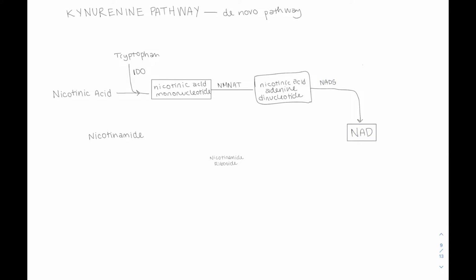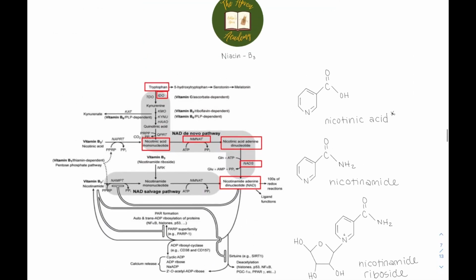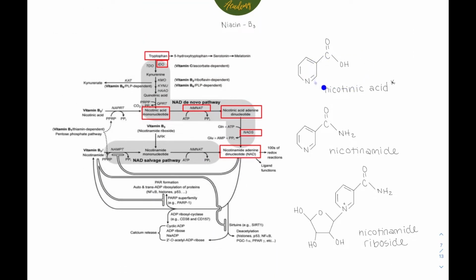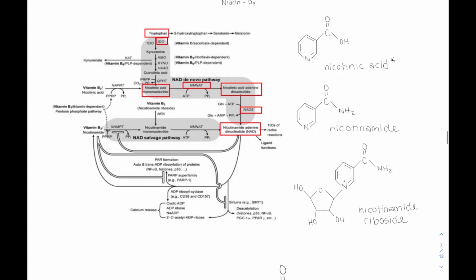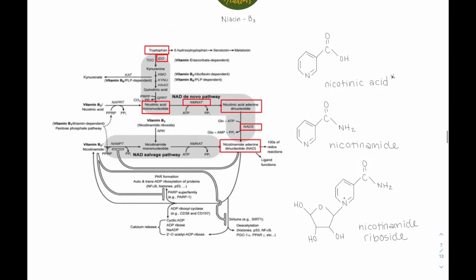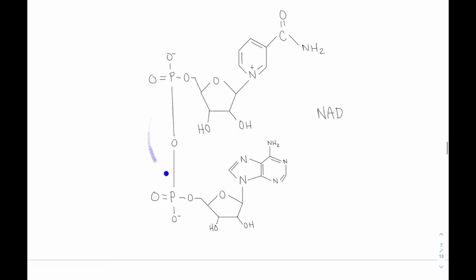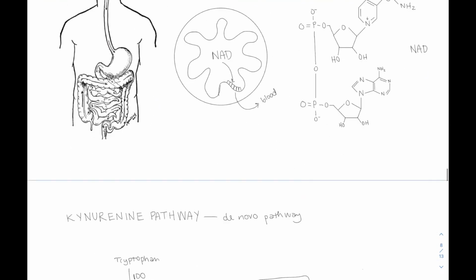So I just want to show you that with our little molecule, nicotinic acid, by a big, long mechanism, we are able to make this bigger molecule. So that's just the visual.